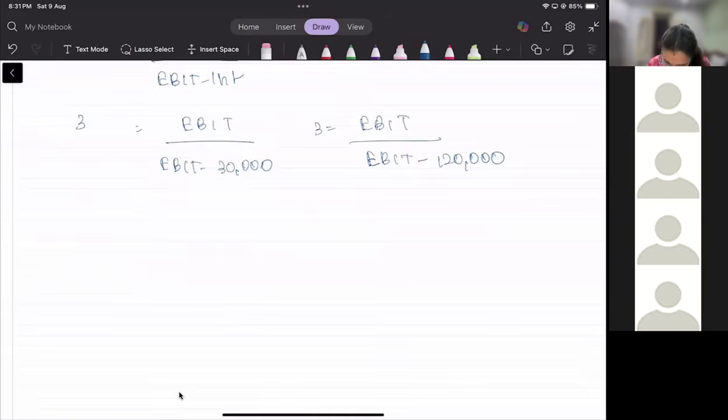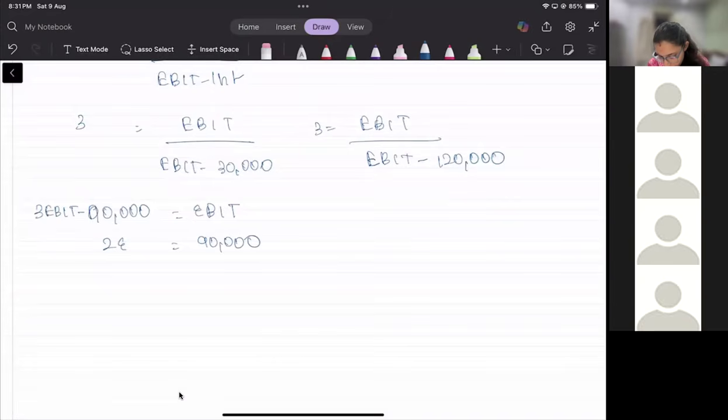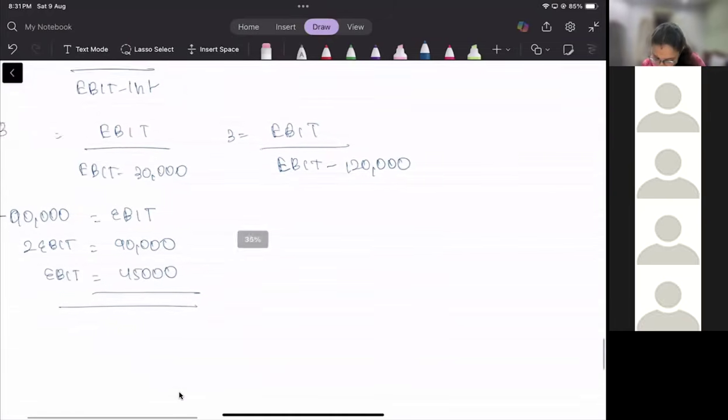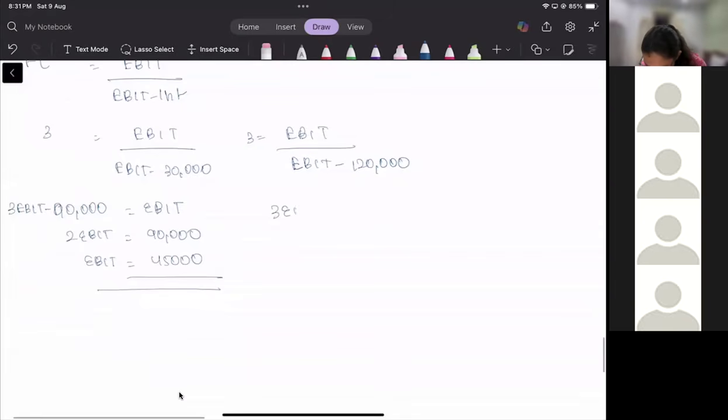On solving this, for X Limited, 3 EBIT minus 90,000 is equal to EBIT. 2 EBIT is equal to 90,000. So you got the EBIT as 45,000 in case of X Limited.